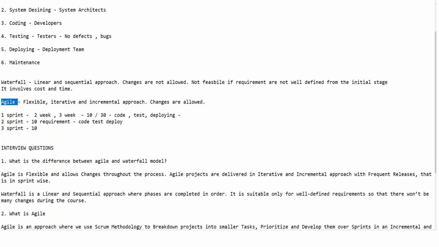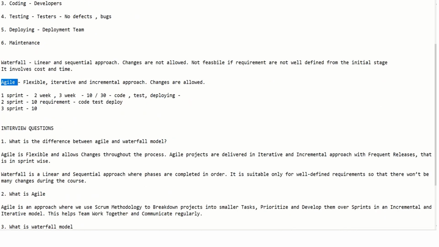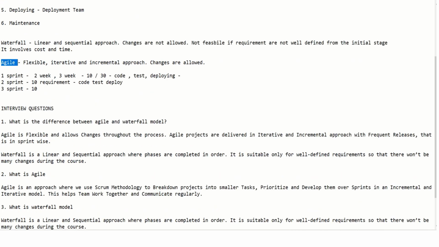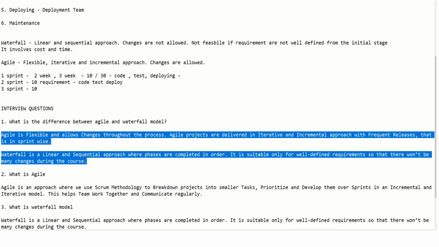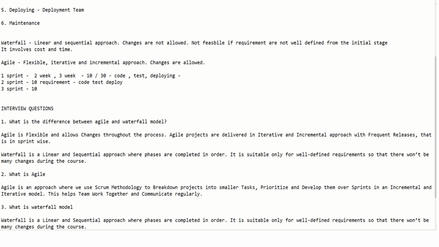Now in interview, if your interviewer is asking you what is the difference between agile and waterfall model, this is how you can answer so that it gives a good impression. Agile is flexible and allows changes throughout the process. Agile projects are delivered in iterative and incremental approach with frequent releases. Frequent releases means like in sprints.